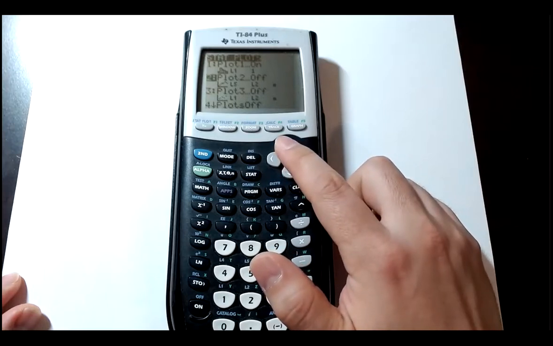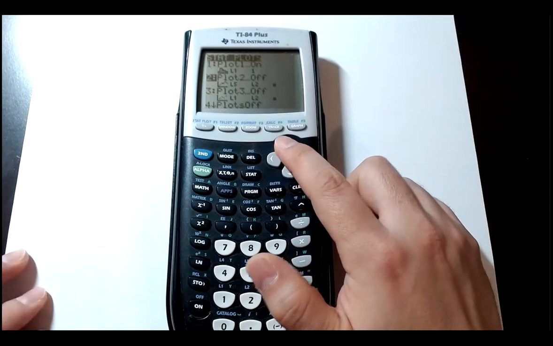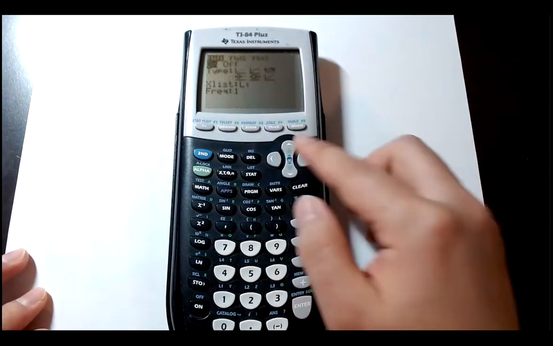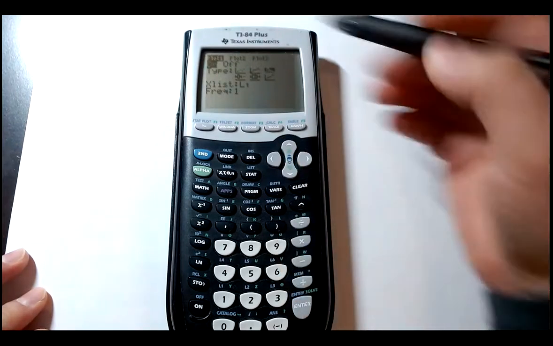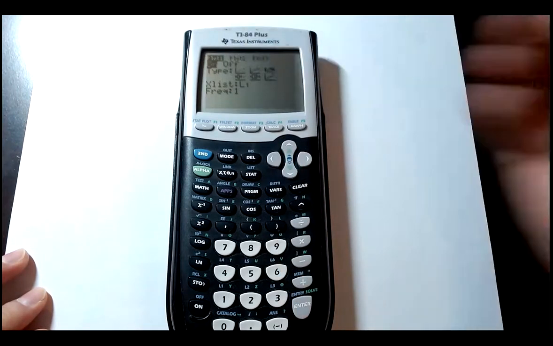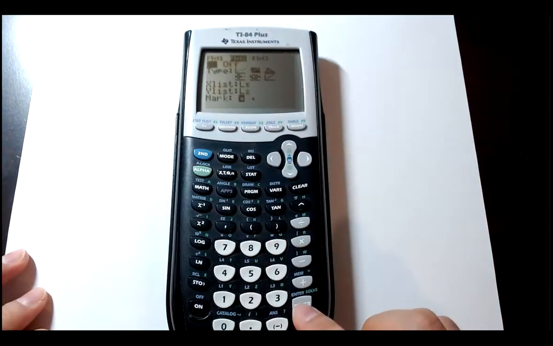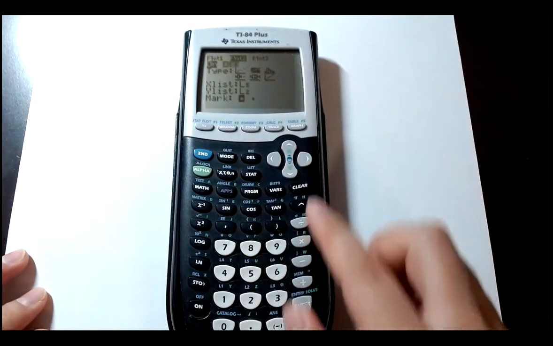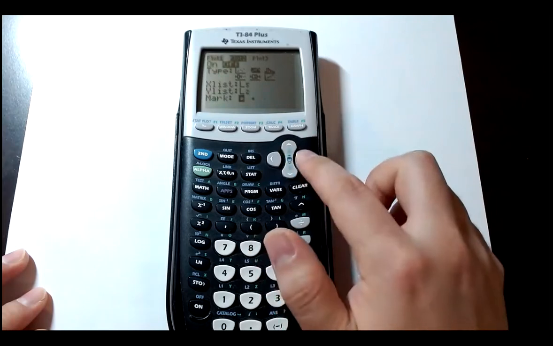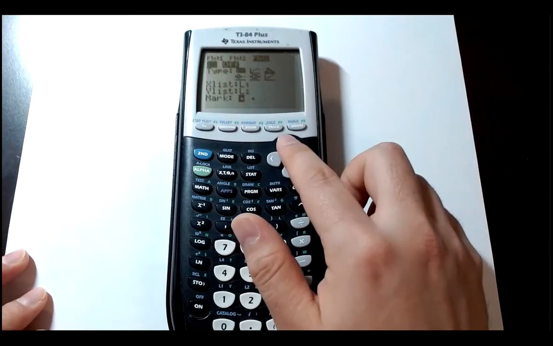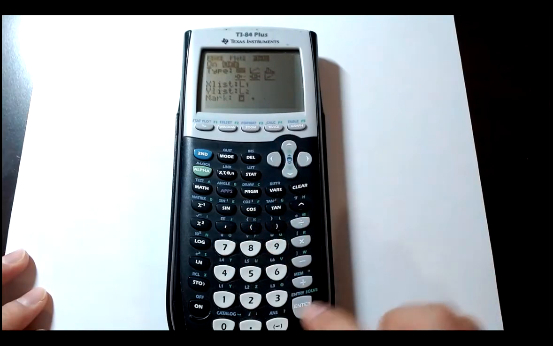How can you turn off Plot 2 and 3? Go to Plot 2, press enter, and then off, and then Plot 3 is off. Then we go back to Plot 1.